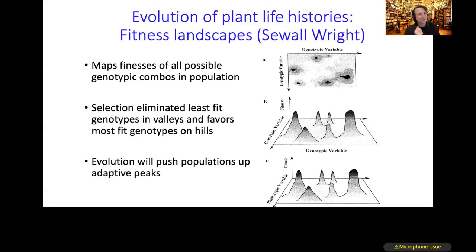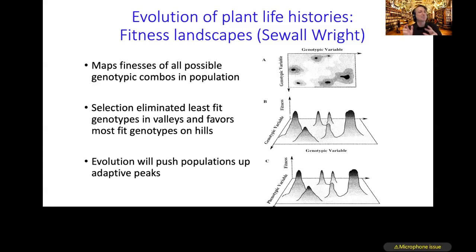And so if you remember fitness landscapes from Sewall Wright, fitness landscapes are a very powerful tool, a really good analogy for enabling us to think about how natural selection works, and to make links between natural selection and the diversity of phenotypes that we see in the landscape.